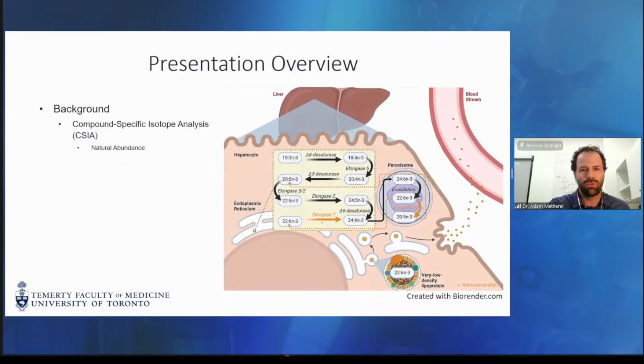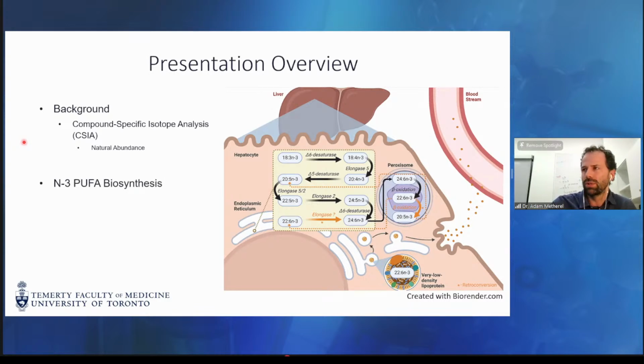So just a little overview of what I'm going to talk about. I have the N3 PUFA biosynthesis pathway on the right. I'll talk a little more detail about that later. But I'll go over a little background on what compound-specific isotope analysis is, particularly with relation to natural abundance.